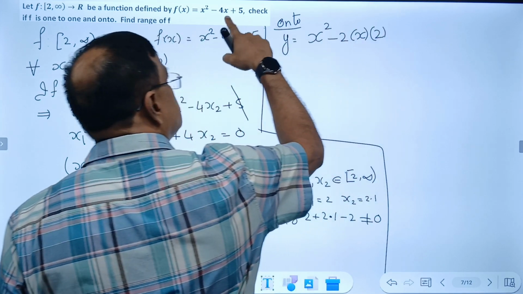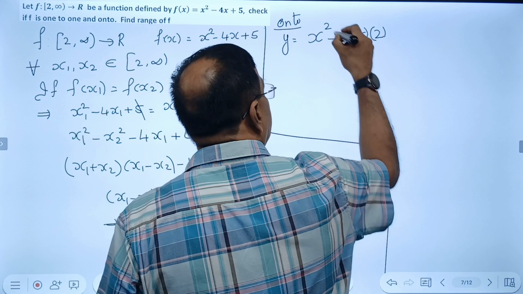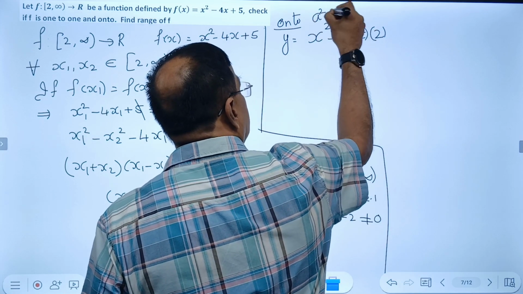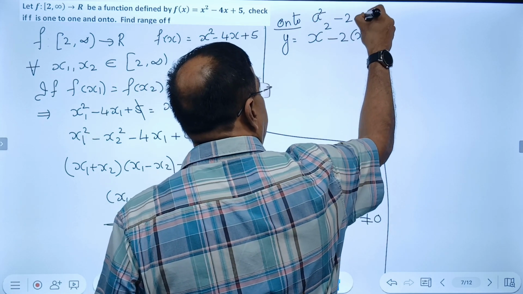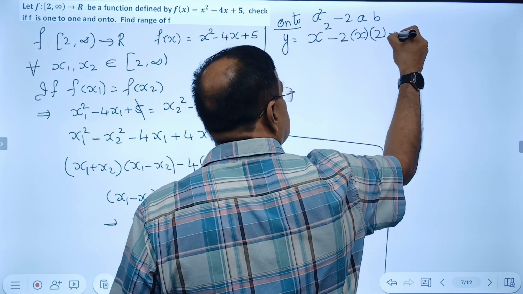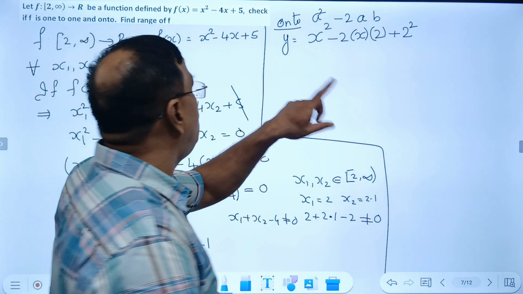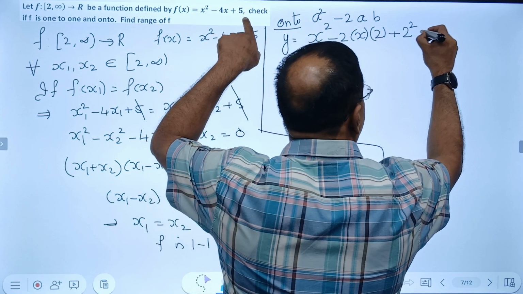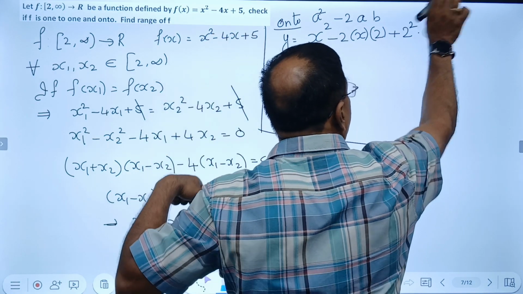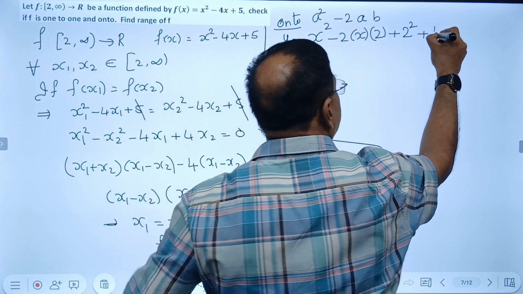I am writing 4x as 2ab. This is my a square minus 2ab plus b square. Okay, so I am adding 4, but actually it is 5. So plus 1, that's easy.